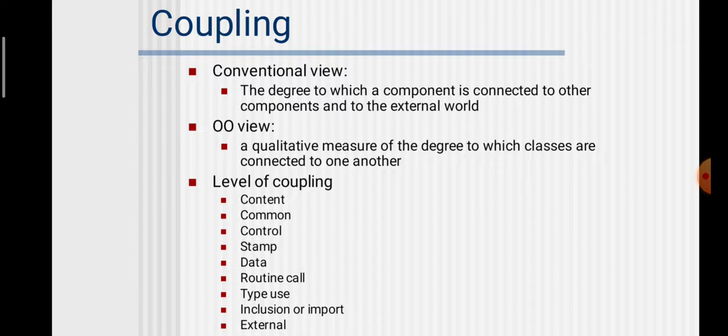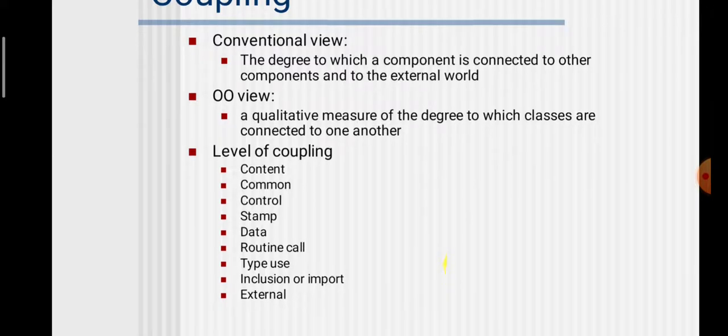Coupling does not necessarily have to be very strong. Cohesion should be very strong, then only the single-mindedness of the module is achieved. Coupling may vary based upon the overall task you want to achieve.